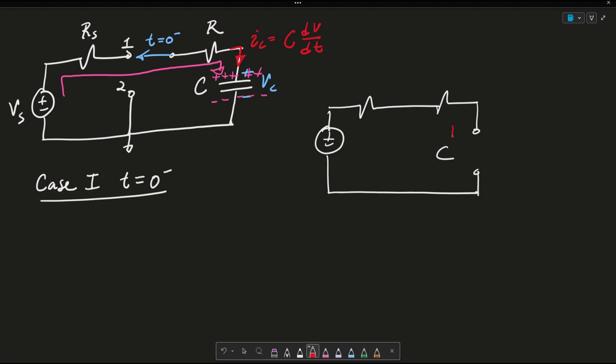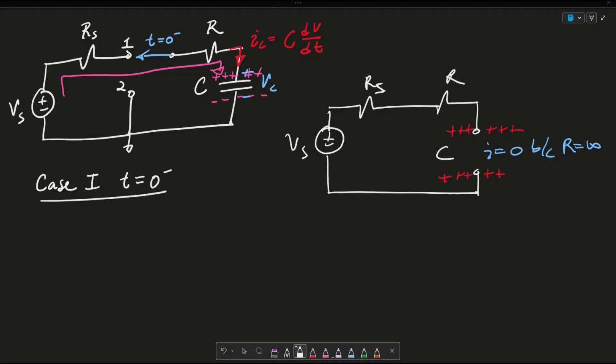Since we have charges here and here, we get I equals 0 because R equals infinity. So current cannot flow through an infinite resistance or through a vacuum or air, open space. Again, this is Vs, this is Rs, and this is R.